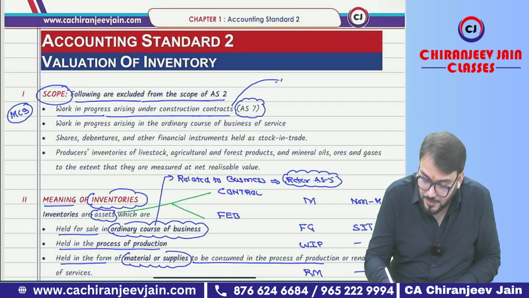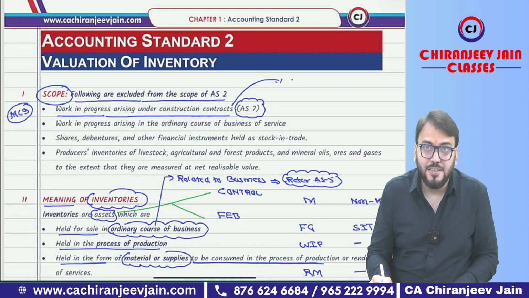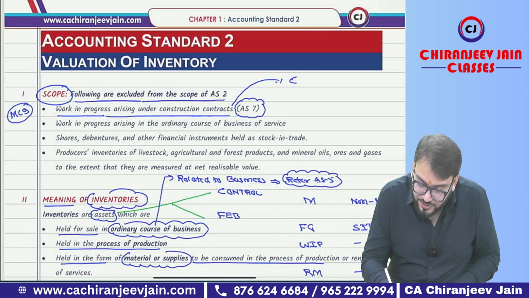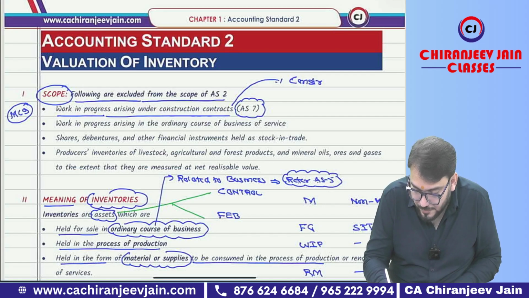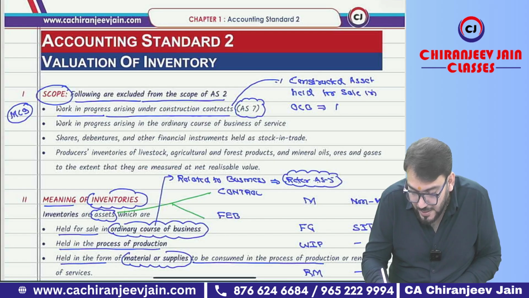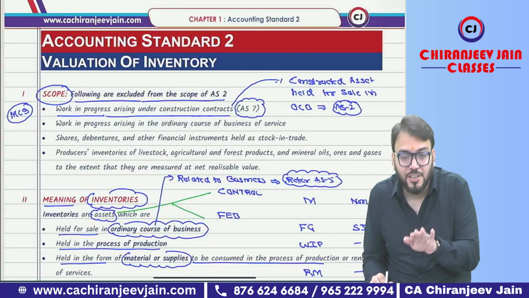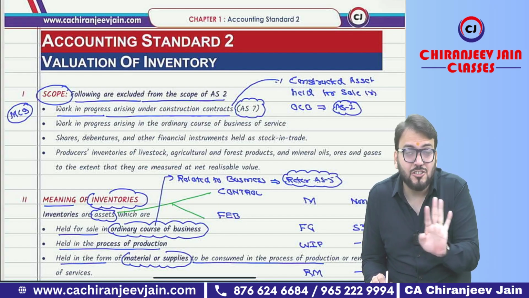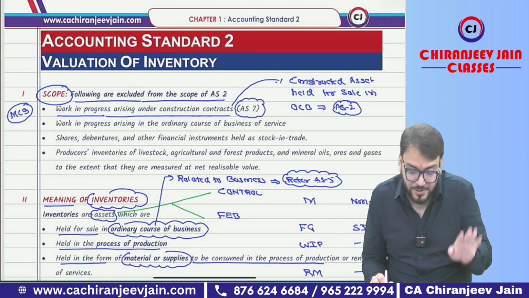But just write down: any constructed asset held for sale in OCB, ordinary course of business, AS2 will be applicable. If it is not yet complete, AS7. AS2 is not applicable for that.